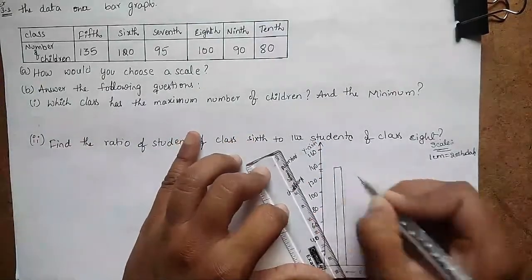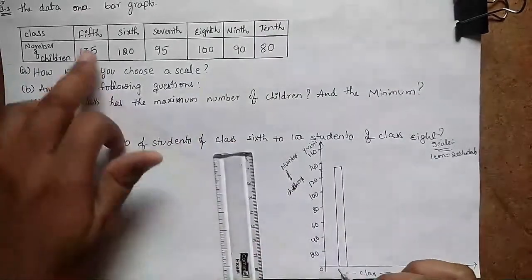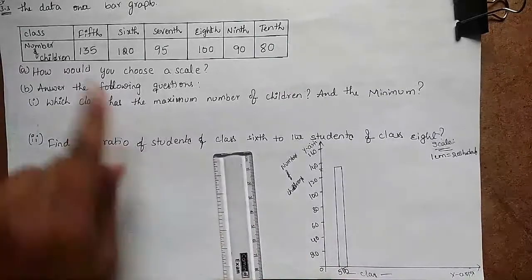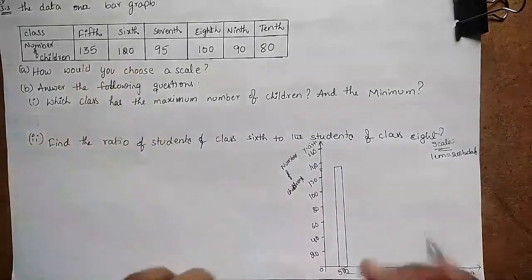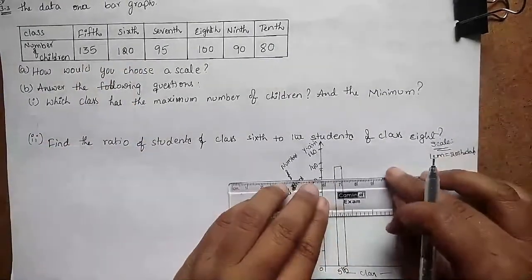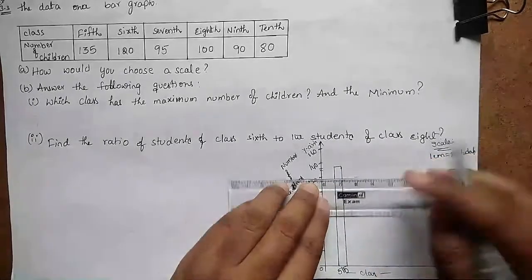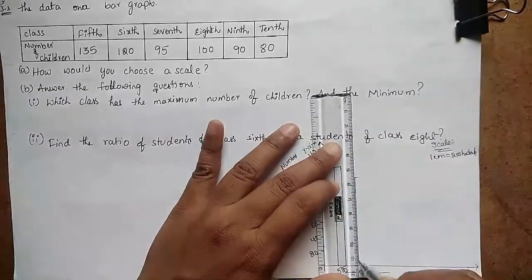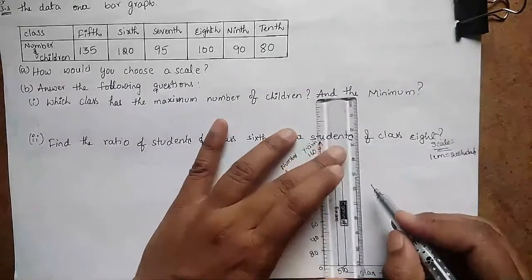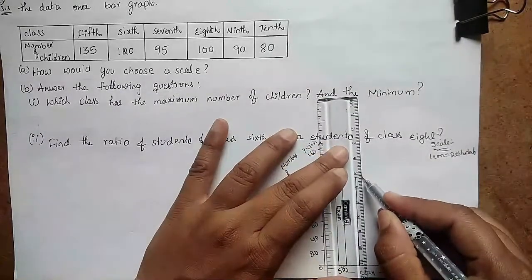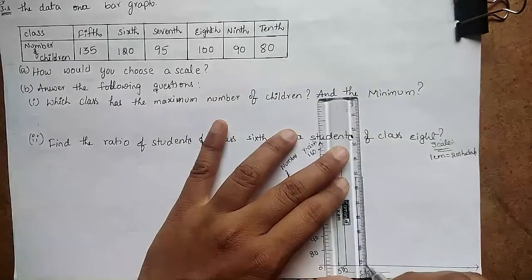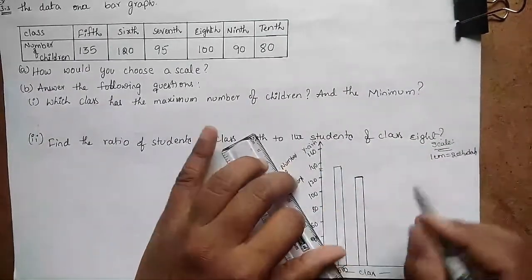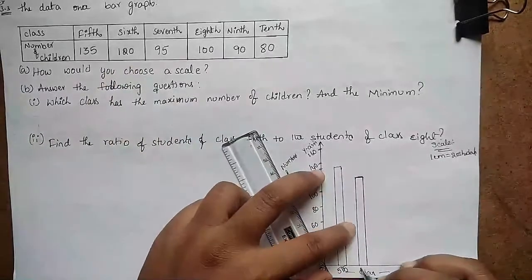So this was the bar for 135 for the 5th class. Next, coming to the 6th class, that was 120. Take the same width as the 5th class and make sure the same width is used for all the bars. So this was the 120 for the 6th class students.